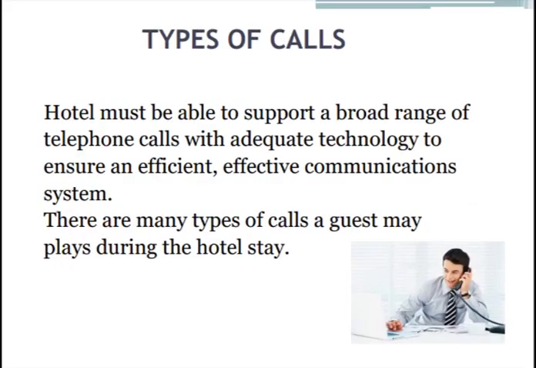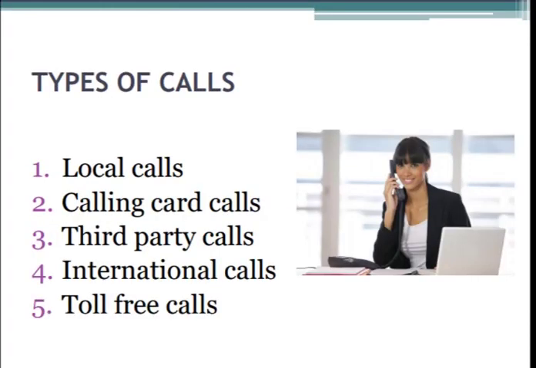Now, we'll talk about the various types of calls used or gone through in the front office department. For example, there are local calls, calling card calls, third party calls, international calls, and toll free calls.